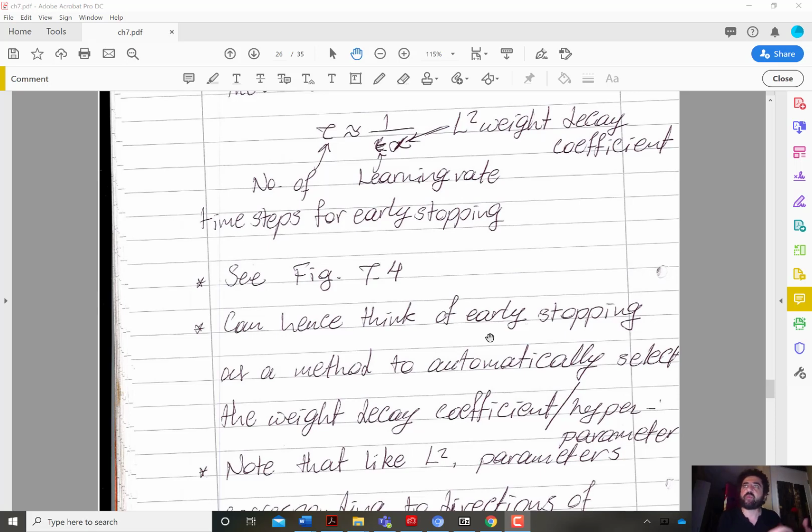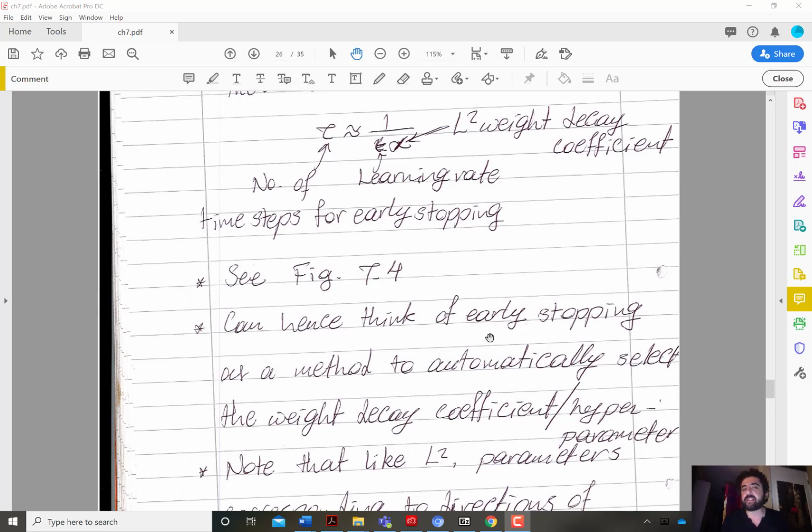Remember, we said one of the motivations for early stopping is that it's an automatic way of selecting the number of training time steps. Here we are drawing an analogy between the number of training time steps and the L2 regularization coefficient, right? So by doing early stopping, I am implicitly doing an automatic L2 regularization that chooses the best regularization coefficient for this training data, right?